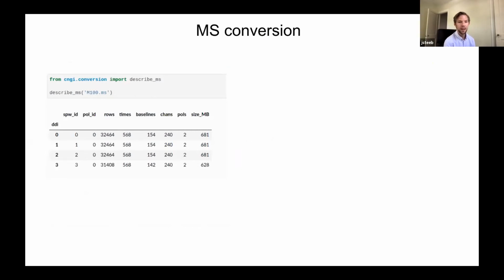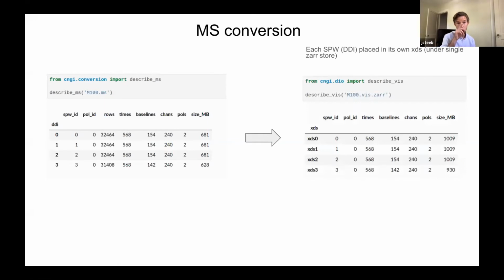So if you look here, we have the describe MS function that will basically tell you what's the dimensionality of the data in it. Now, when a conversion happens, to keep that dimensional consistency, it will split out each one of the spectral windows in a separate XDS. Okay, so in this example, we have 4 DDIs.